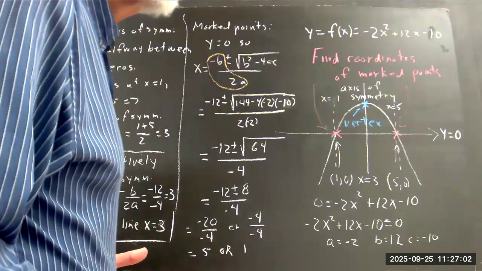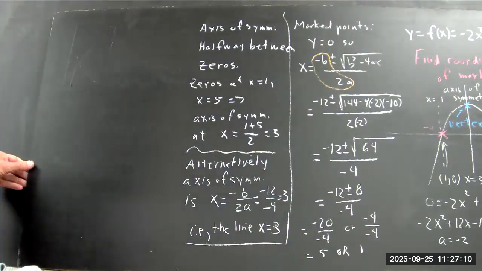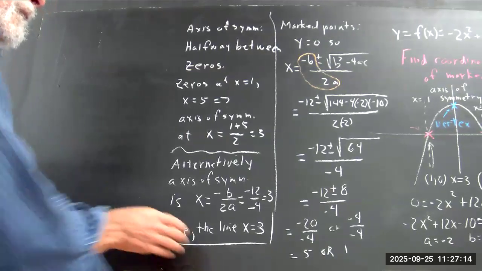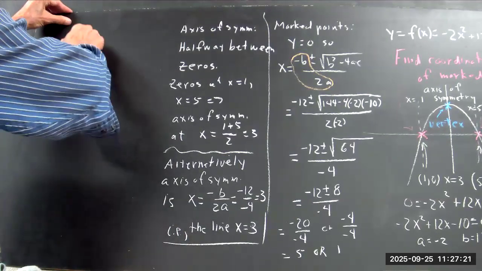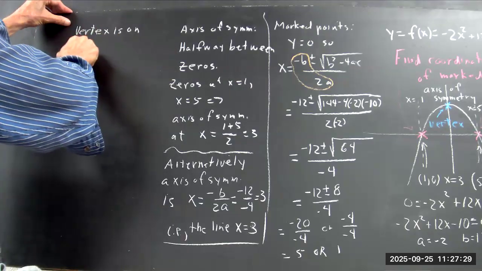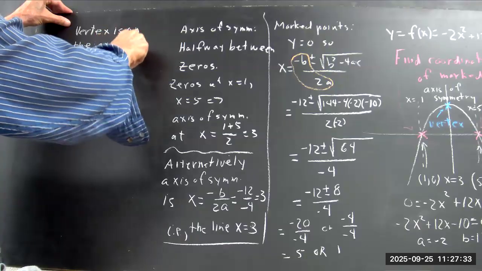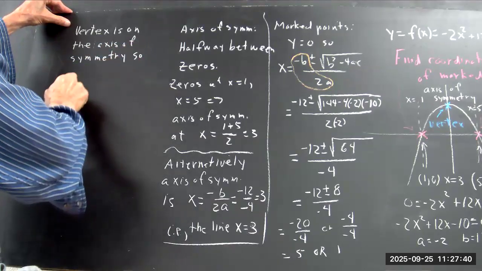So the vertex, of course, is here. I'm going to have to move this point over a little further. The vertex is on the axis of symmetry.